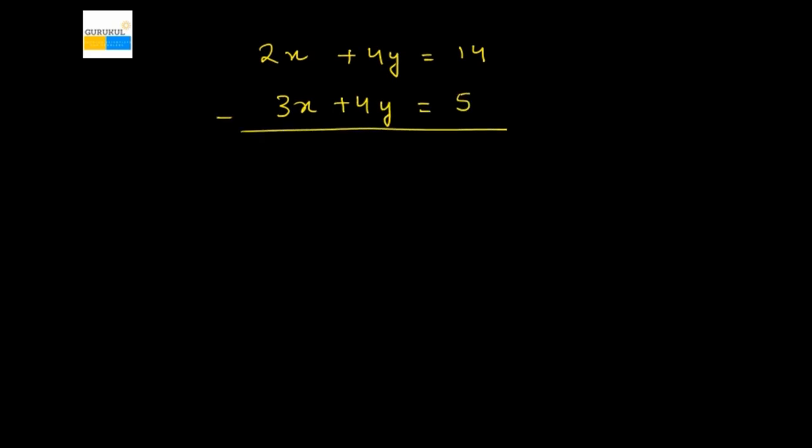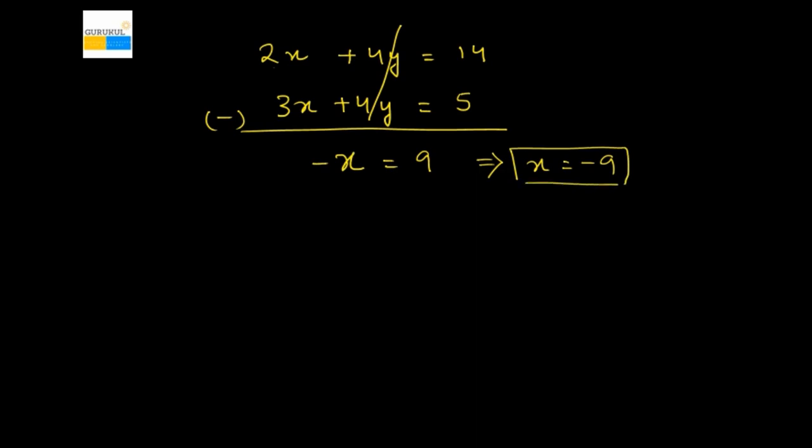Now if I subtract these two equations, you'd see that 4y and 4y get cancelled, and 2x minus 3x will be minus x. So minus x will be equal to 9. This implies x equals minus 9. Right, now what you can do is substitute x equals minus 9 in equation 3.